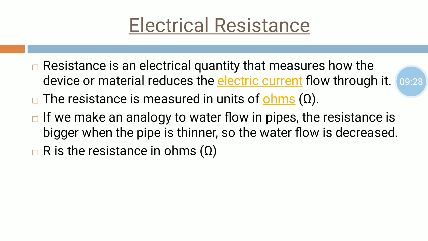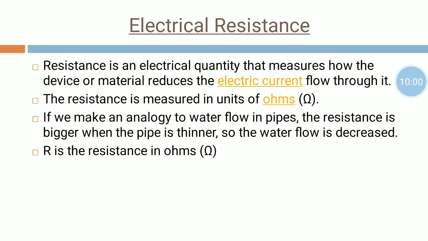To resist the flow of current, we have to build a barrier in the electric circuit which resists the flow of electricity. The amount of electricity it resists is called the electrical resistance. That resistance is measured in the unit of ohms. The unit of resistance is ohm.